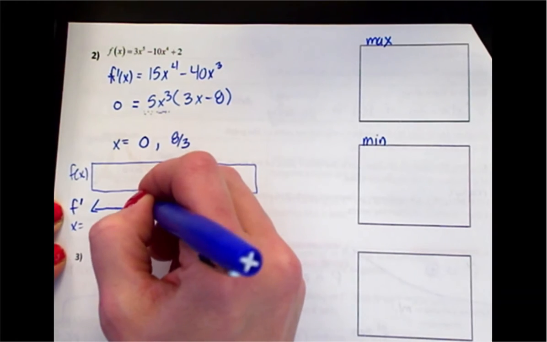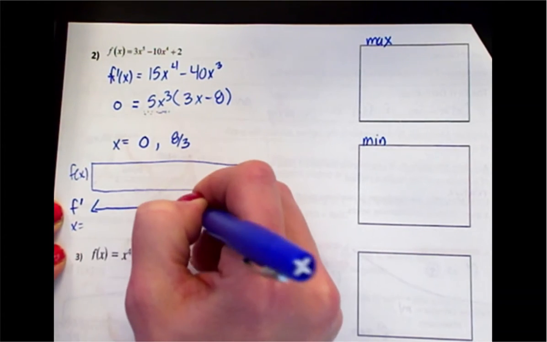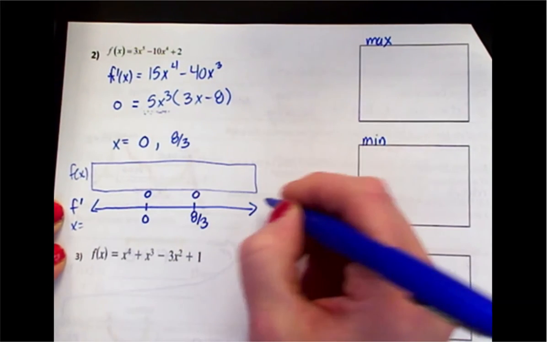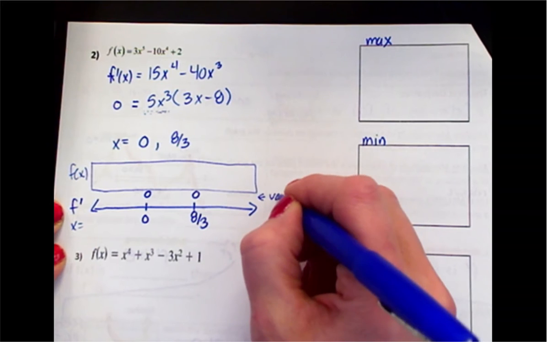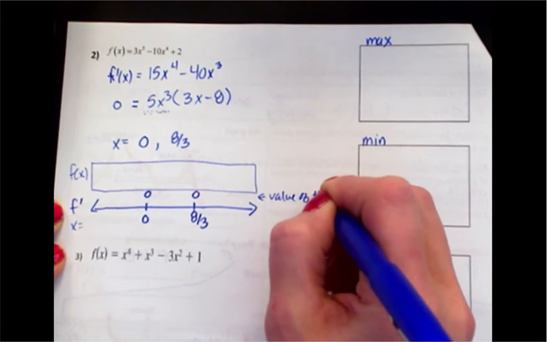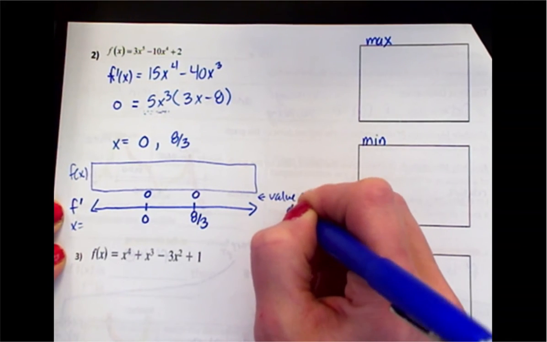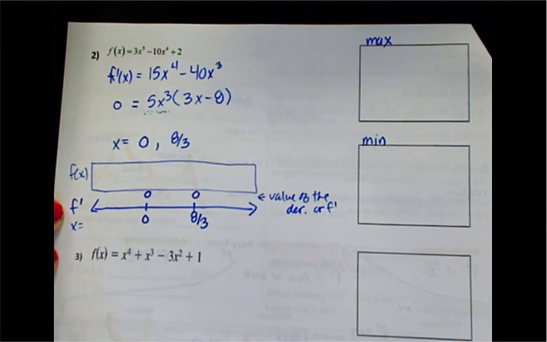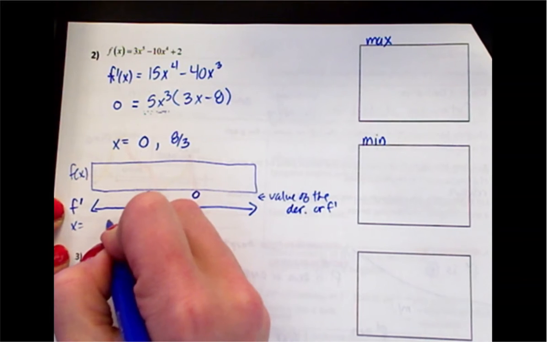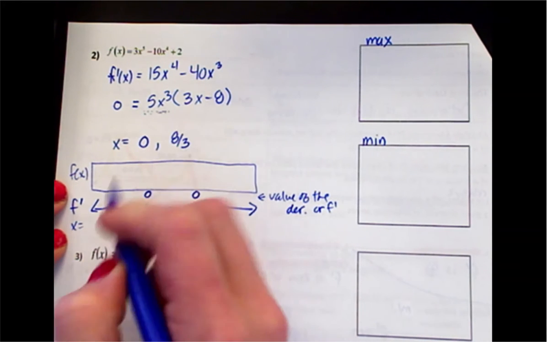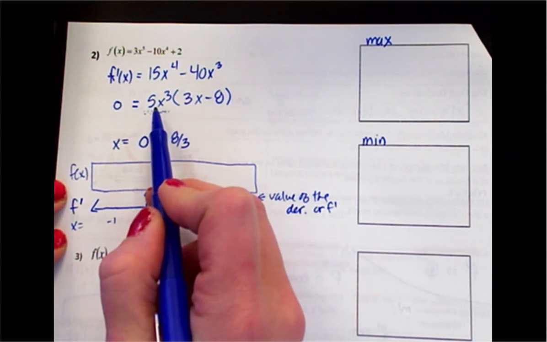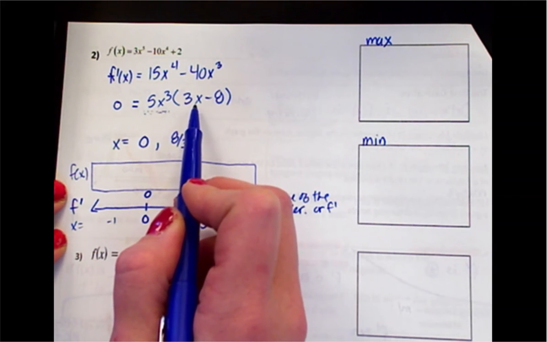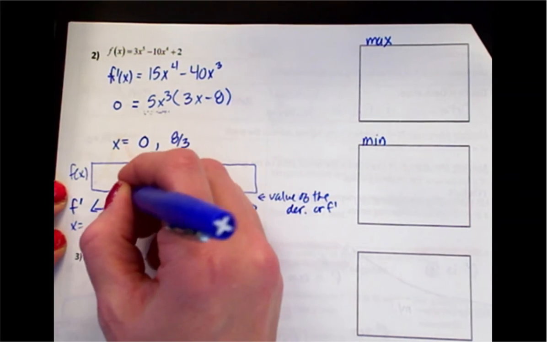Okay? So I'm going to mark my 2 x-coordinates. They have 0, right? This is the value of the derivative, or f prime, which means you're plugging in to evaluate. So -1, -5 times -11, so that's positive.